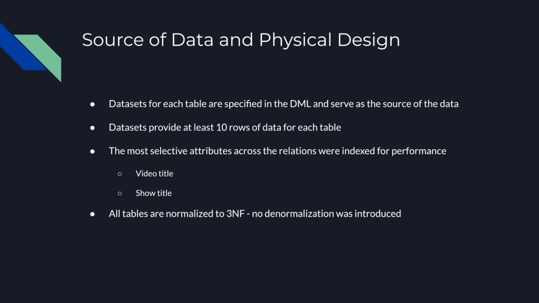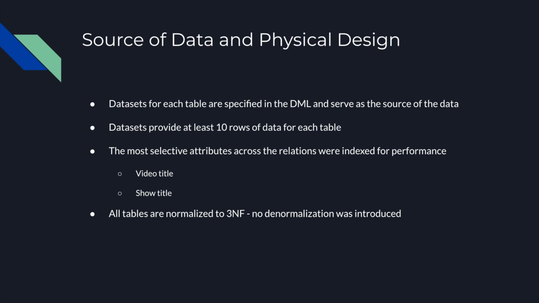Then for the physical design, we added indexes for the video title and the show title attributes because of how selective they are. They're not primary keys. We added IDs for a video and for a show, and those are the primary keys. But regardless, they're pretty selective because realistically there wouldn't be too many movies or too many shows or too many episodes with the same name or title.